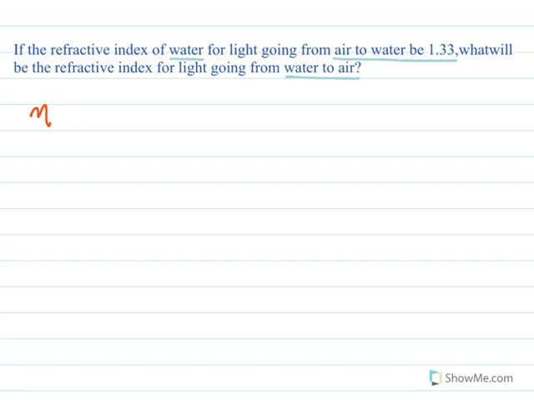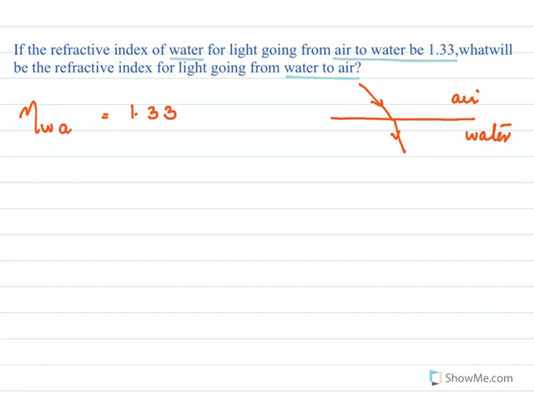So this is of water with respect to air, 1.33. This means that the light is traveling from air to water, and you are finding the refractive index, here let me write it again, of water with respect to air.